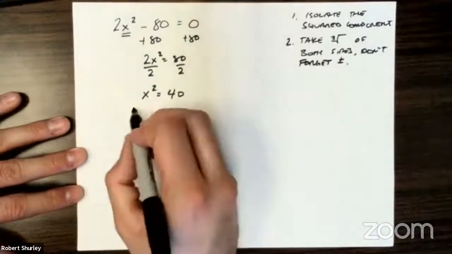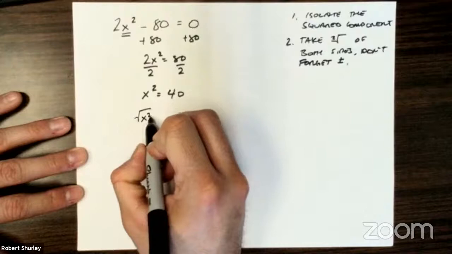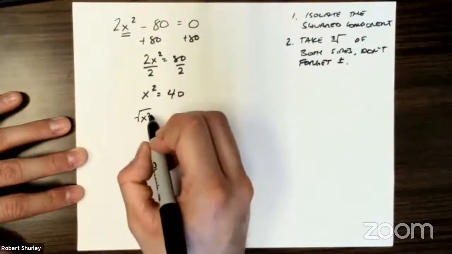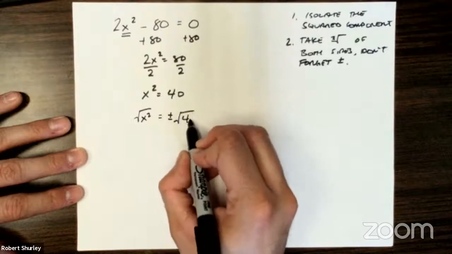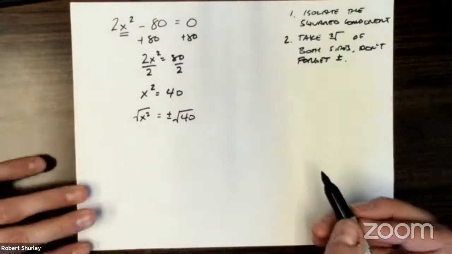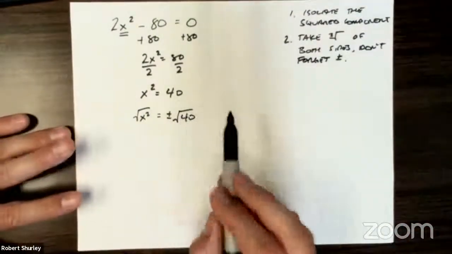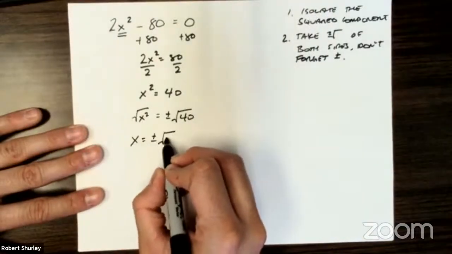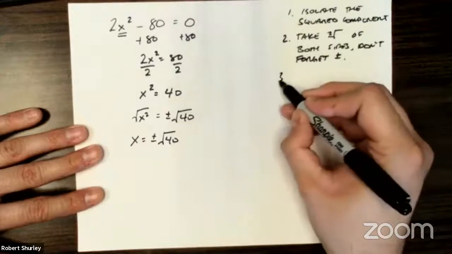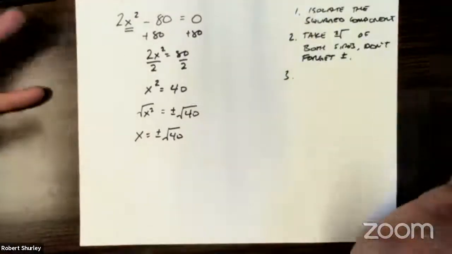What that does is it gets rid of this square here, right? But I'm going to have to attach the plus or minus on the other side, on the number side, the 40. So we wind up with x equals plus or minus the square root of 40. So now step 3, I'm going to say simplify and solve.